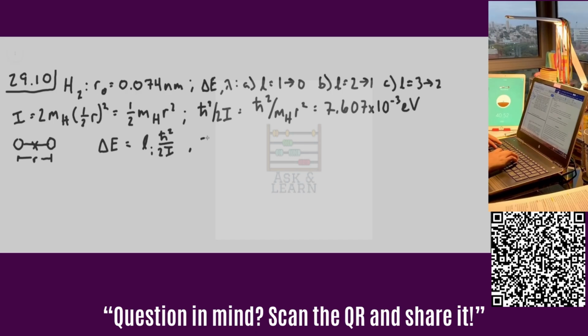And then for a photon, its wavelength is hc over delta E. And so now using our value for h bar squared over 2I, we can just plug that in to this for each of our L values and also find the wavelength.